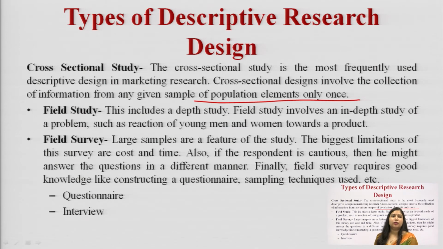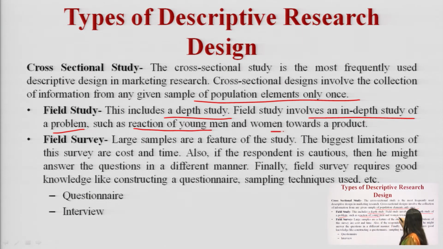You conduct the cross sectional study by two methods. First is the field study, second one is the field survey. So, what do we do in the field study? The field study basically involves an in-depth study of the problem, such as the reaction of young men and women towards the product.